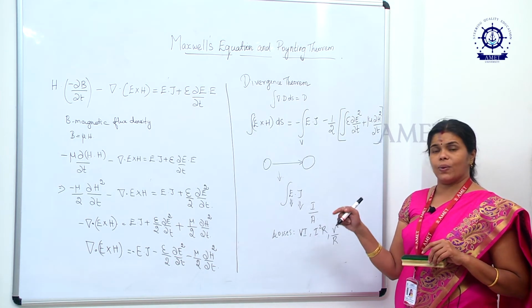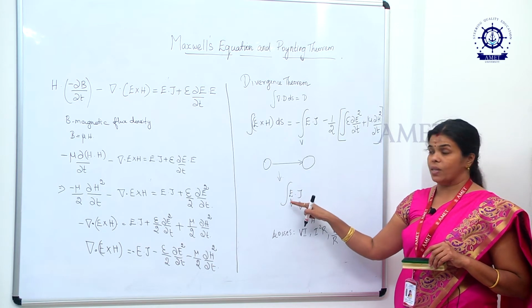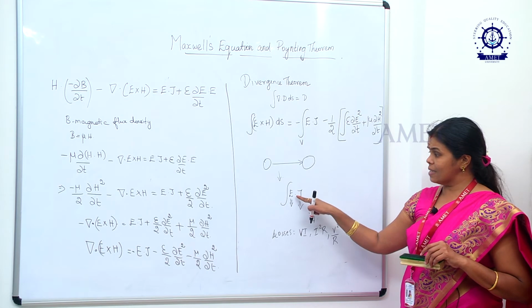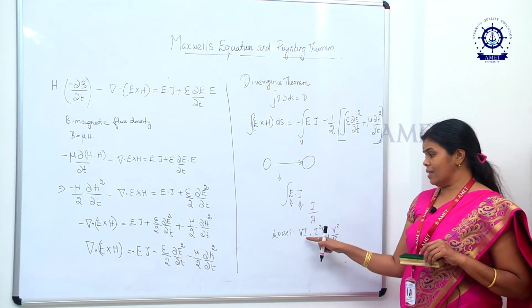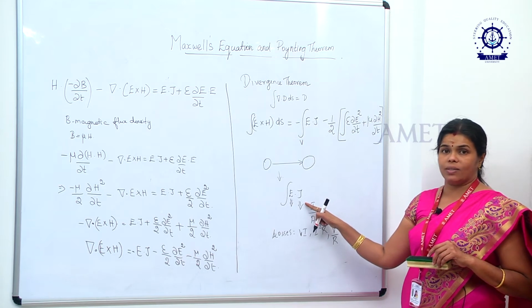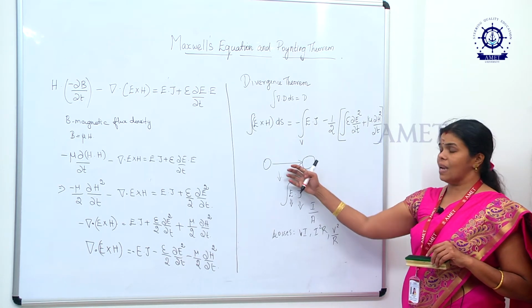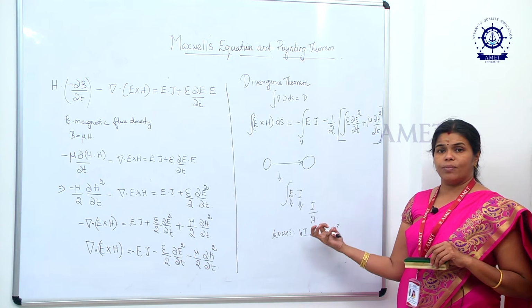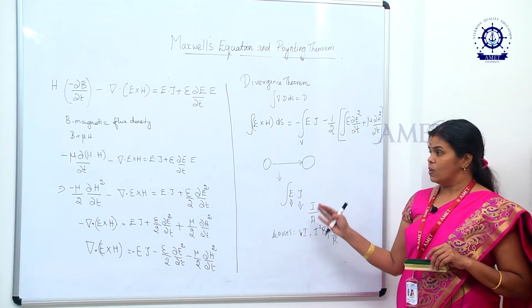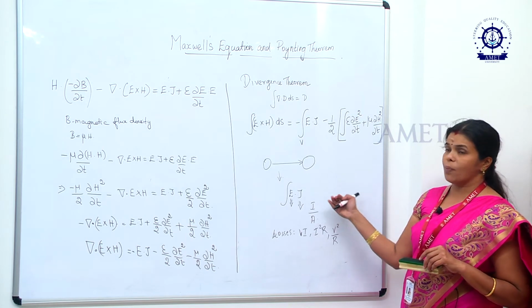Ohmic losses are particularly related with the electric field E, and instead of I we are having the current density, so E dot J. E dot J means the losses coming out from the wave when it is traveling from one place to another. So these are all the things about the Poynting theorem.